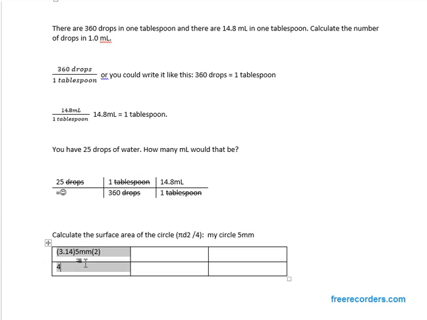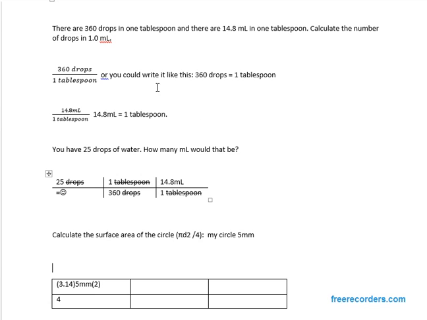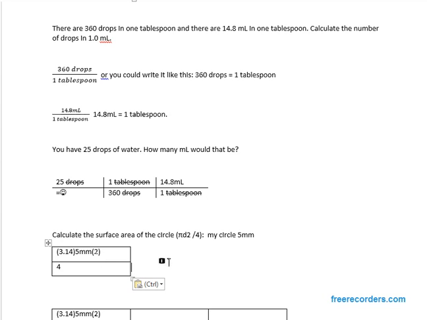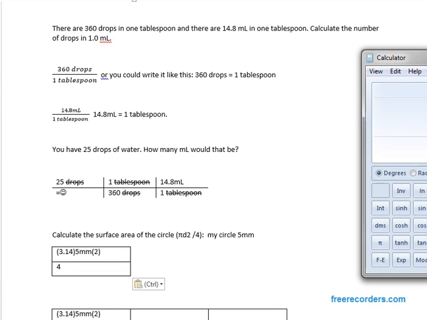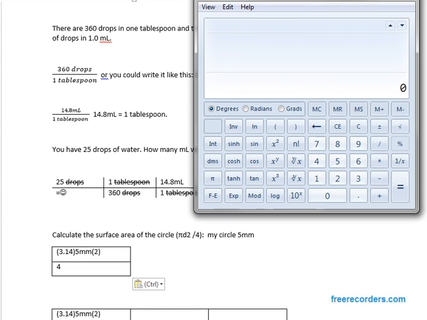So actually, you don't even need an equality. This is a different calculation than the stuff up here. This is just like in your algebra class where you do the math. It's just easier for me to type it into a table format. Okay, so with my calculator open, 3.14 times 5 times 2 divided by 4 is 7.85.